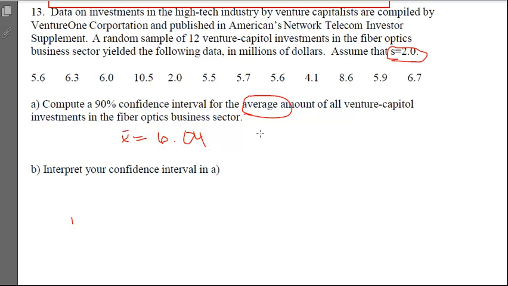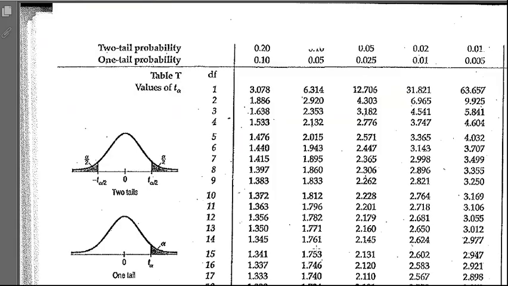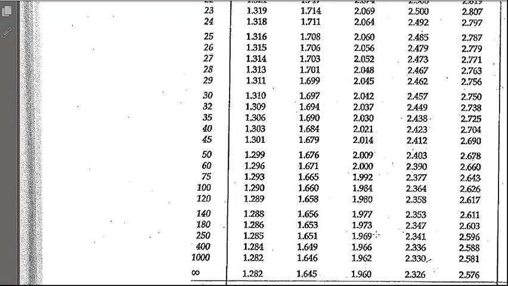And then, for my confidence interval, I want to calculate a 90% confidence interval. I need to go to my t-distribution table. My n is 12. That means that I go to row 11 on my table. You just take n minus 1. So here's my t-distribution table.